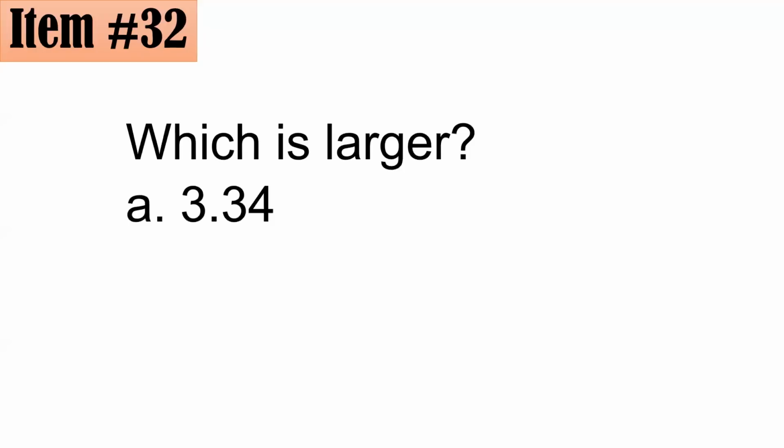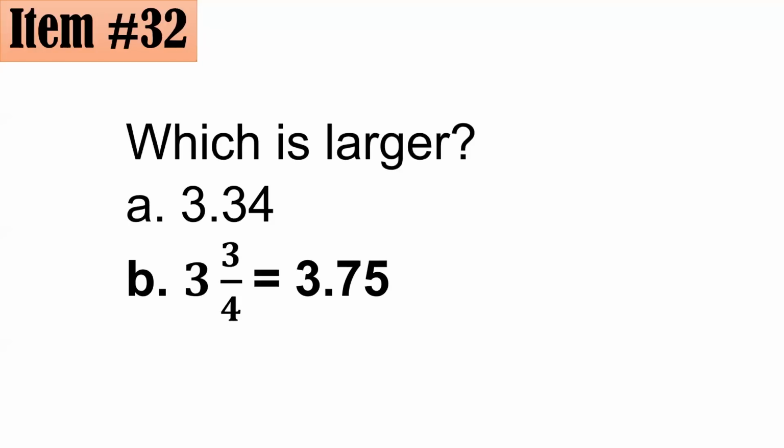A is already in decimal format, but 3 3/4 in decimal form is 3.75. And we could see clearly that 3.75 is larger than 3.34. B.